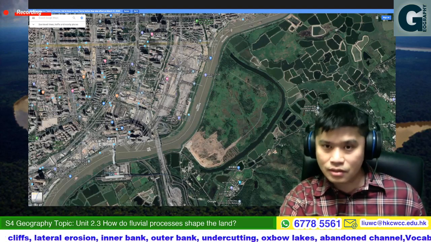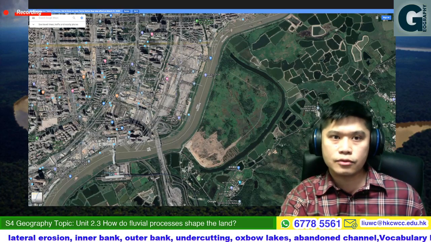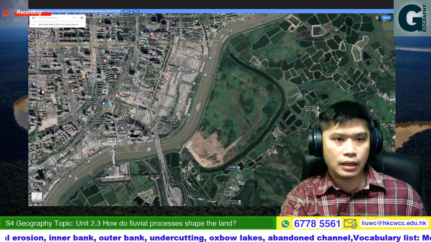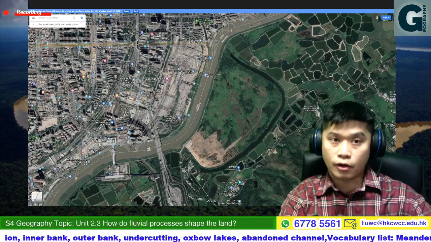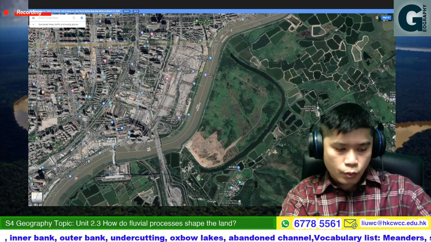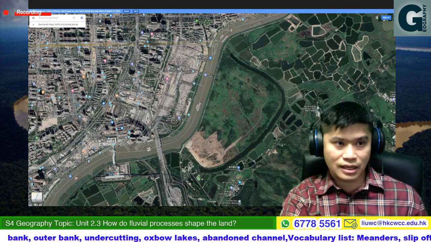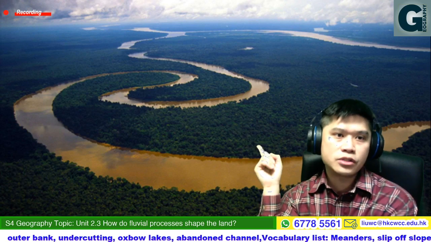So right now, let me show you some natural rivers where you may see the formation of oxbow lakes. Where should we go for that case? I suggest we go there. That is the Amazon River.